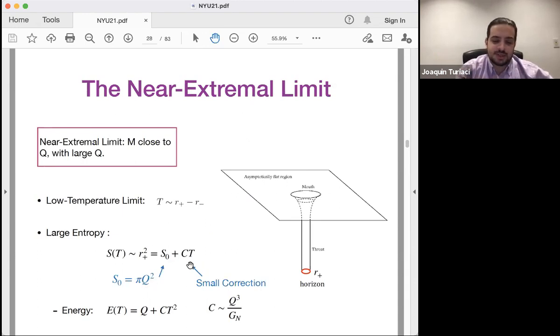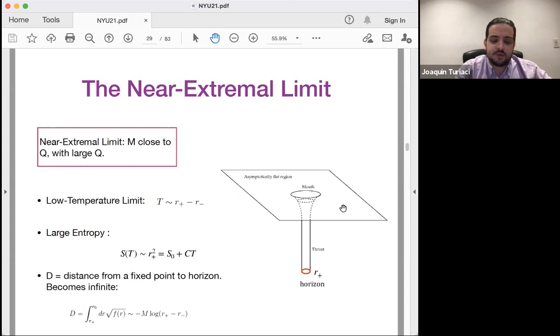And at finite temperature, it has some small correction linear in temperature with some parameter c that is given in this way as a function of the charge, which I will refer to as the specific heat, although it's really the specific heat per unit temperature, because the energy behaves quadratically in this way. But for short, I might call it specific heat from now on. And the energy behaves in this way, and as temperature goes to 0, you approach the extremal mass, which is Q.